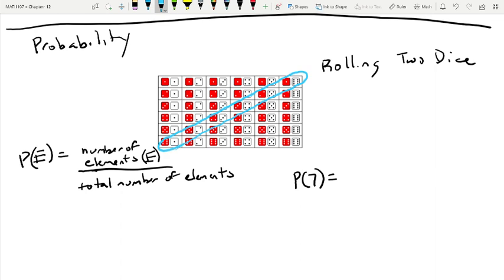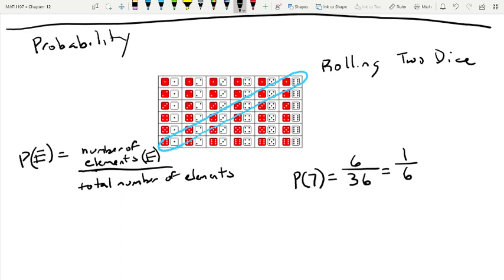If you count those up, you'll find there are 6 there. And the total number of outcomes, well, this is a 6 by 6, so there are 36. And of course, this fraction could be reduced. And again, fractions we have to reduce if possible.